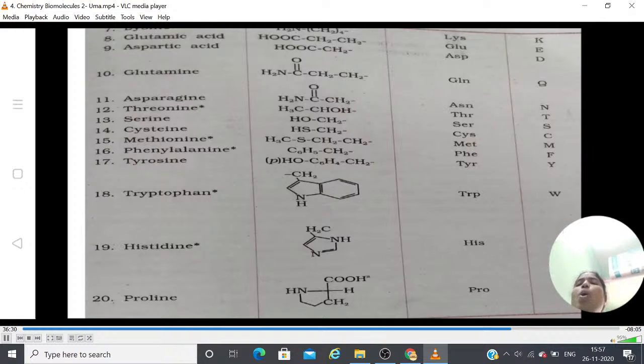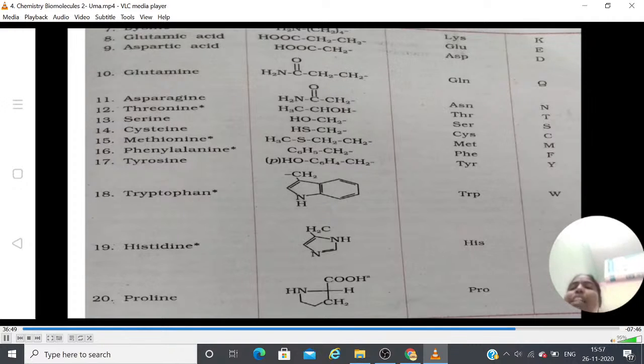These are the essential amino acids marked with stars in the table. So this covers the types of naturally occurring amino acids present in the table.